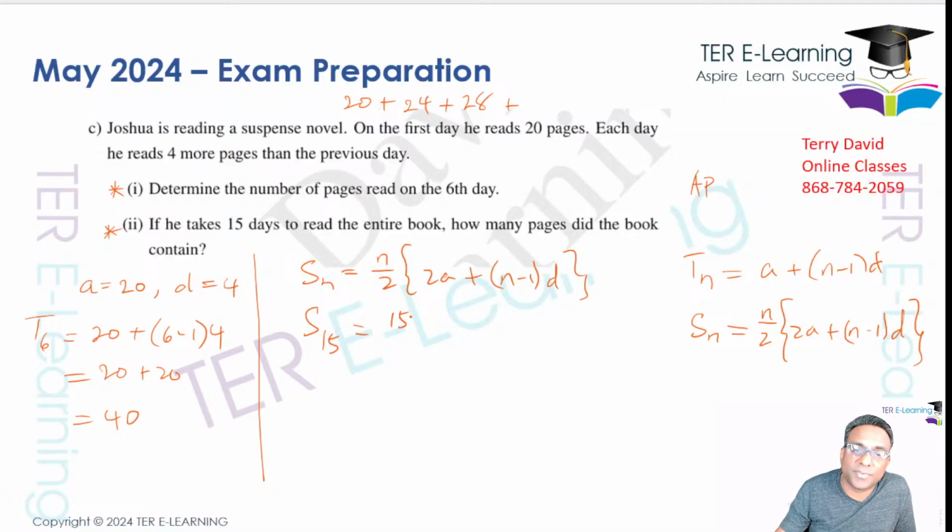So this is going to be 15 over 2, times 2a, which is 2 by 20, plus (15 minus 1) by d, which is 4.